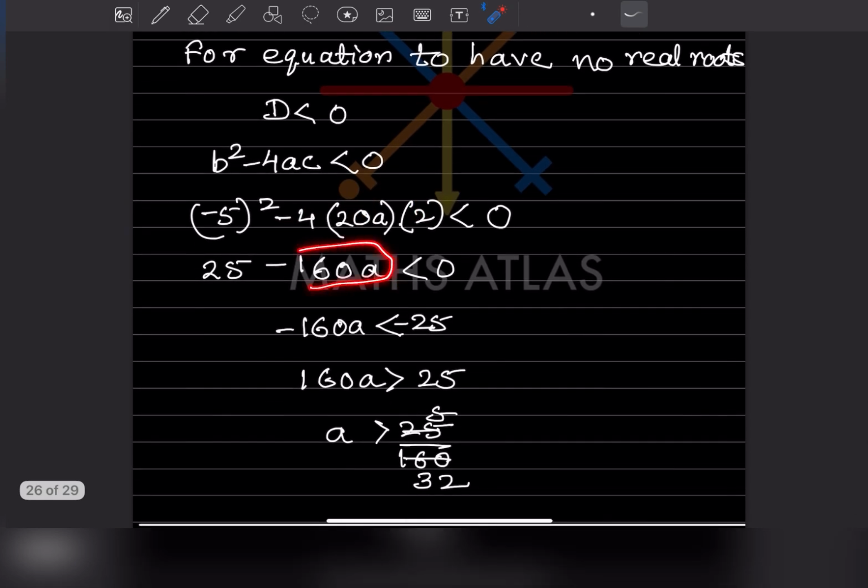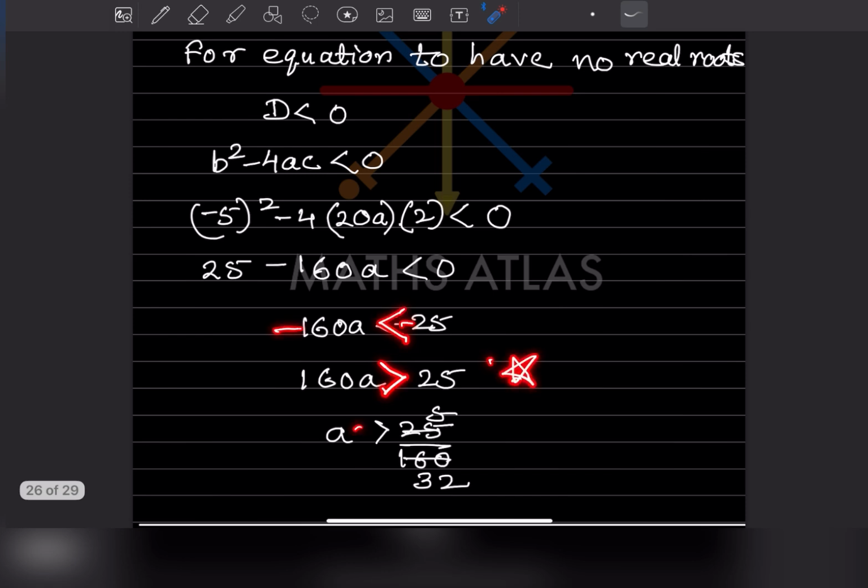So minus 160a is less than, if this goes here, that will be minus 25. So now both the sides are negative. There is a rule in inequality that if both the sides are negative, you have to change the sign. So the inequality sign, this was less than, so it will be greater than, and this goes off. Hope this step is clear to you.